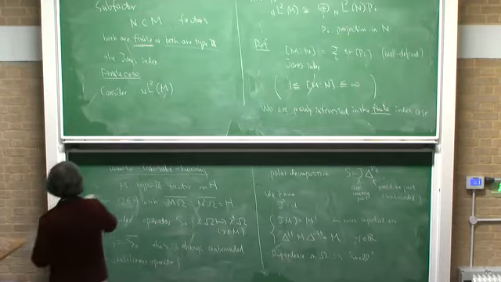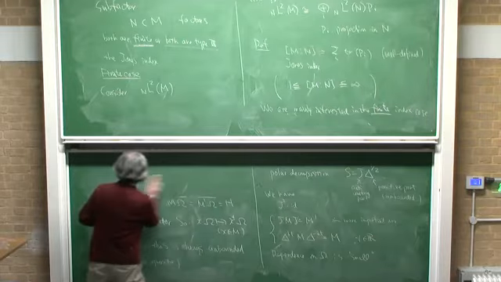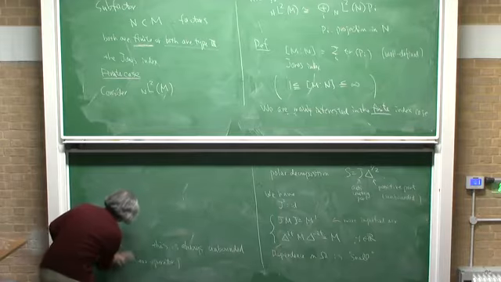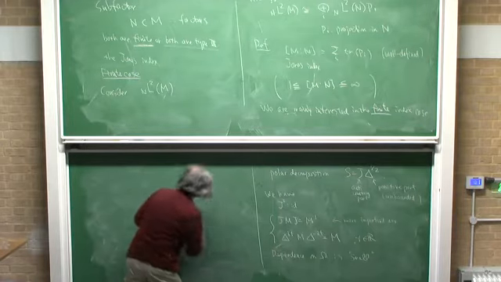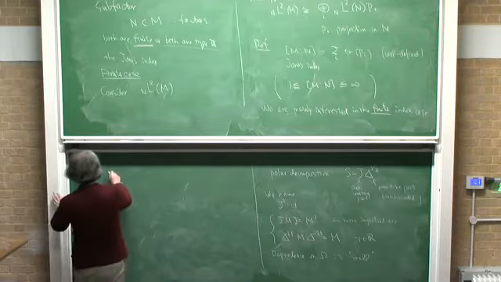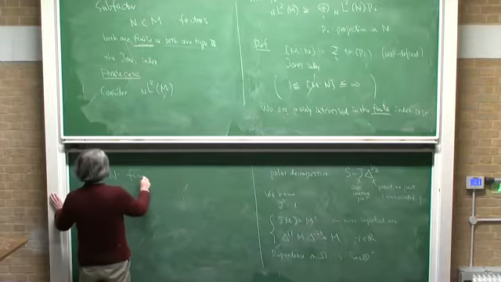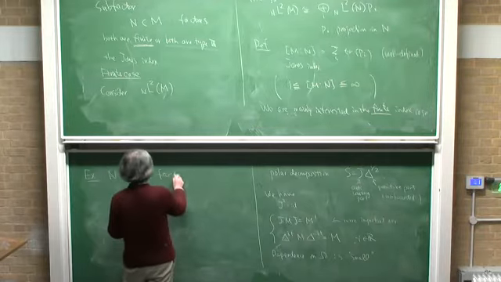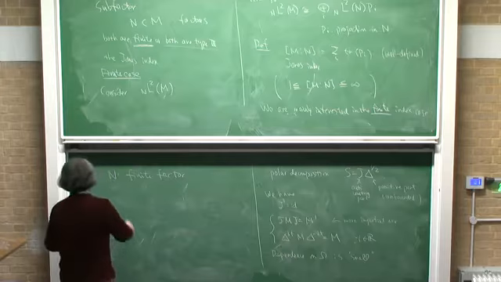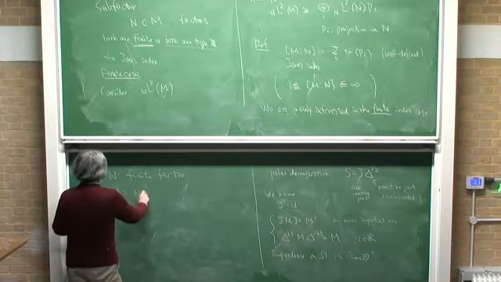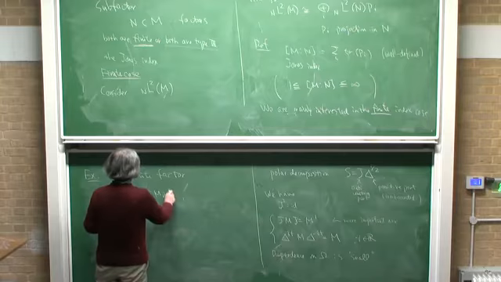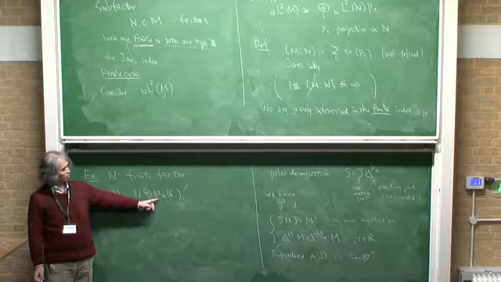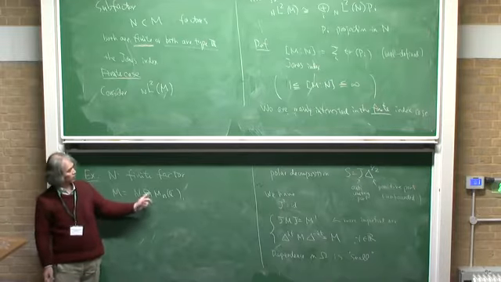And the typical example is the following. Let N be a finite factor, for example, and M is N tensor M_n(C). So this is the algebra of n by n matrices with entries in N. This is a tensor product.